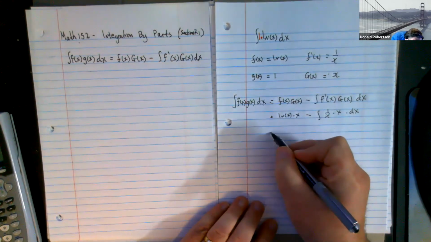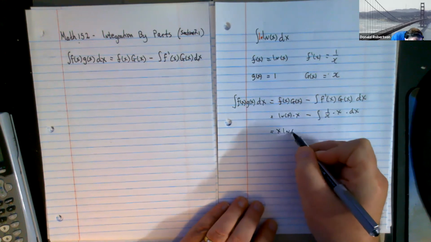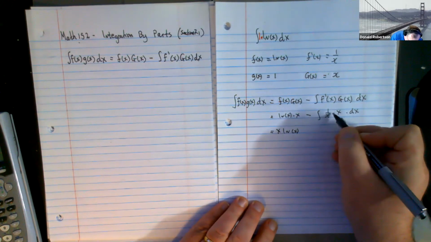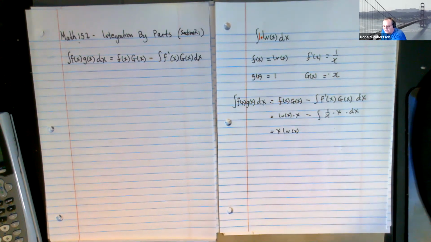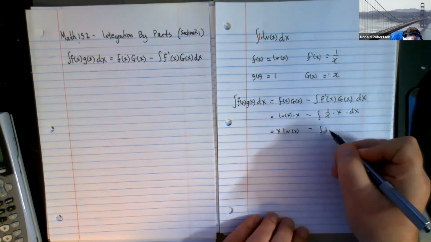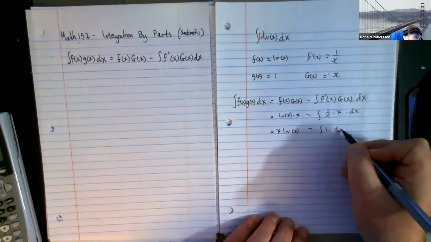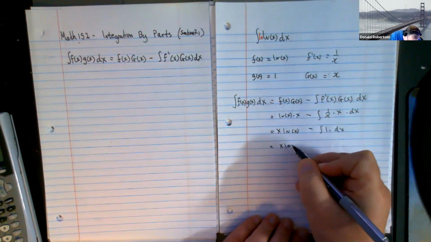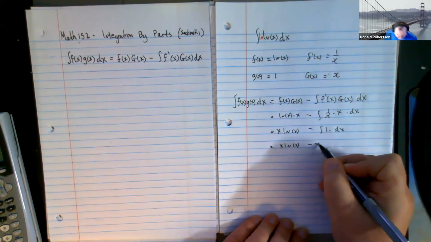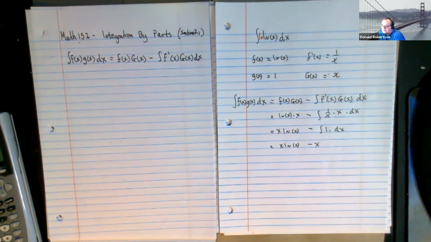Make it look pretty. X's tend to go before logs. Oh, wait a minute. Won't 1 over x times x just be 1? So what you're really looking at, you got your answer. So the integral of log x is actually x log x minus x.